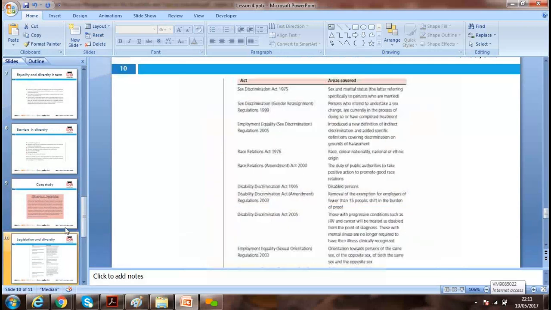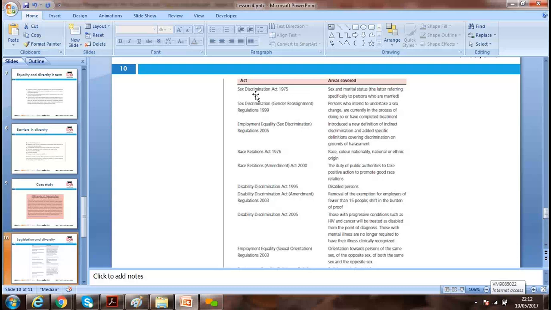Then we have certain legislation which we need to fulfill. Like we discussed moral, ethical, and the legal side. We need to focus on the Sex Discrimination Act 1975, but every country has different legislation, so I'm not aware of your country. You can look around at what type of legislation applies to you as a manager in an organization. The Employment Equality Sex Discrimination Regulations were updated in 2005 in the UK.